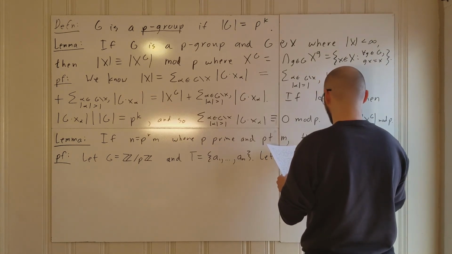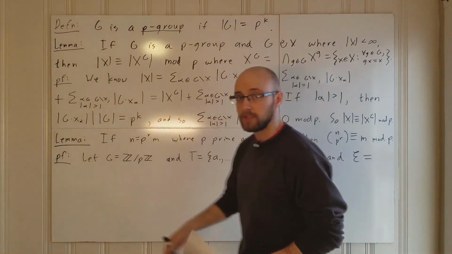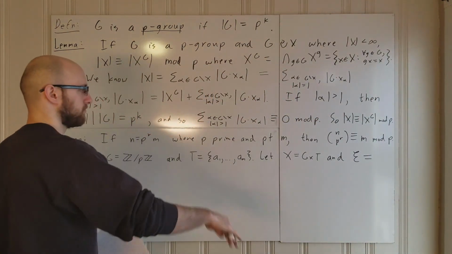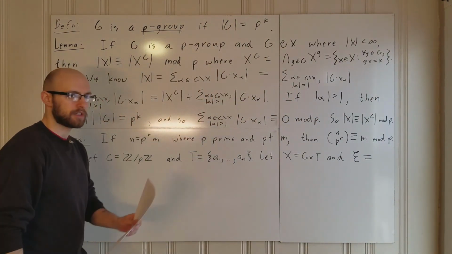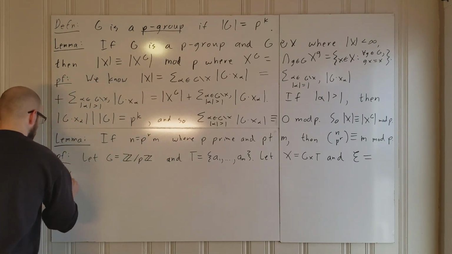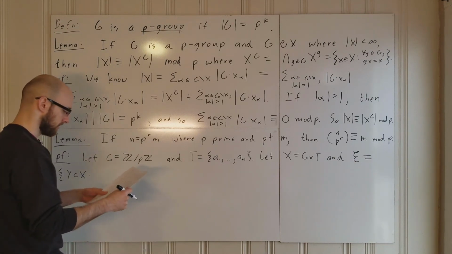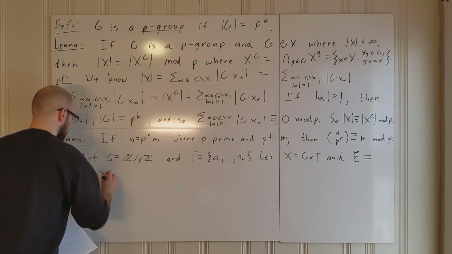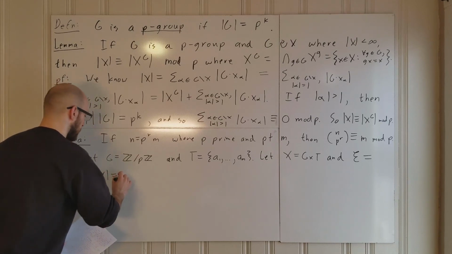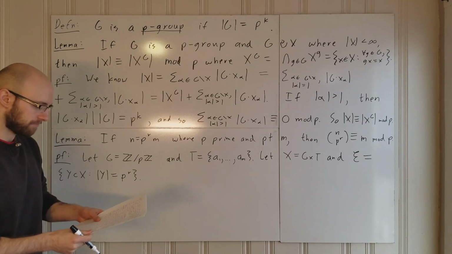And we're going to define a collection, script E. This is going to be the collection of subsets Y of X such that the size of the set Y is p to the r.